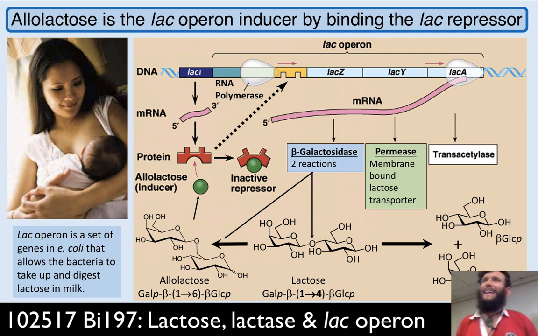So, for example, what has been called the lac operon is an operon in E. coli. The overall function of the lac operon is to absorb and break down lactose. There are a number of proteins in the lac operon. Here in this diagram across the top, you see the lac operon. It's a strip of DNA found in the bacteria in the gut of a baby, the E. coli, Escherichia coli.